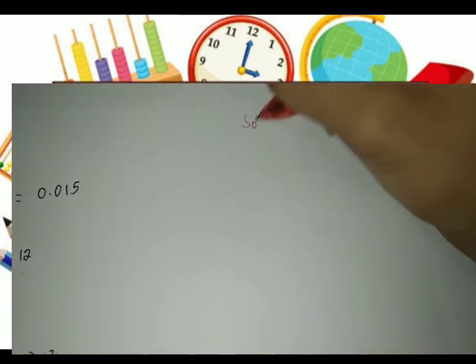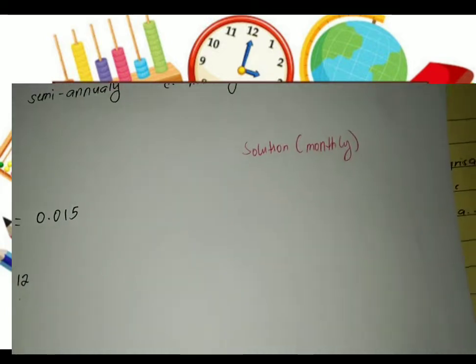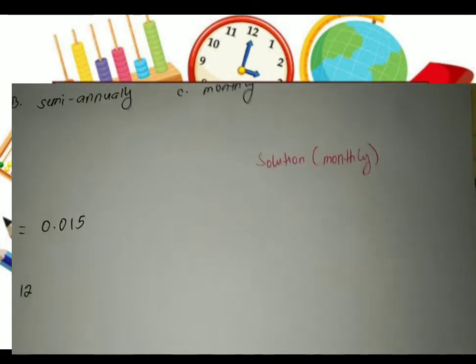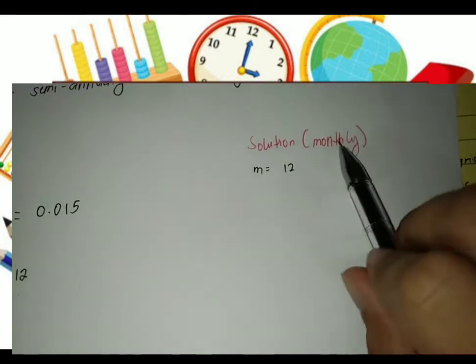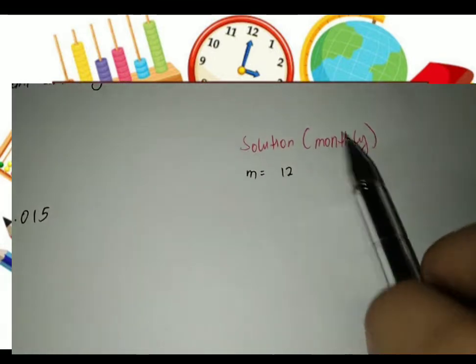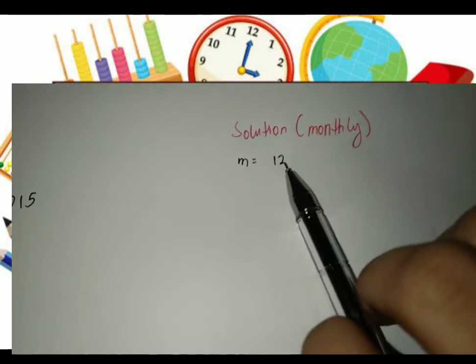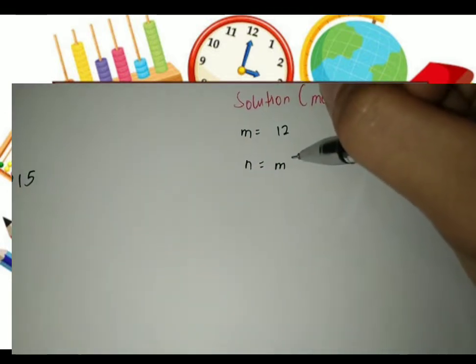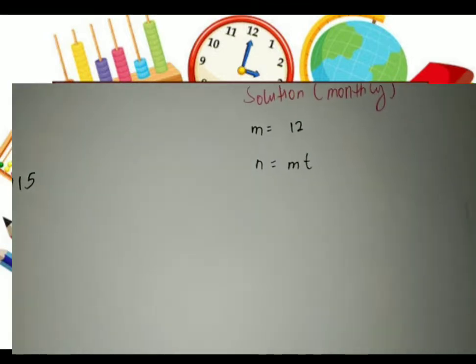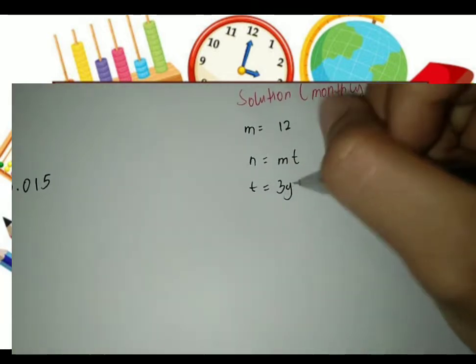In solving the monthly, solution for monthly. Our M is equal to 12. It means monthly. If it says monthly, we write 12. Our N is M times T. Our T is 3 years.